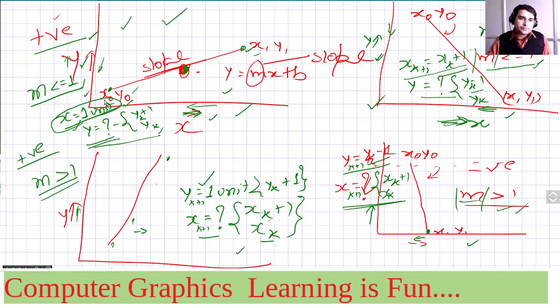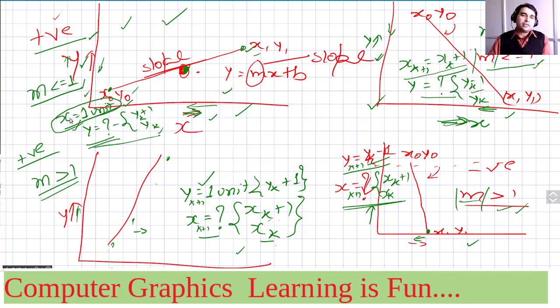In that case, suppose this is the example, if you want to plot from right to left, you will keep on decrementing x, as earlier you were incrementing. Now you will decrement x by 1 unit every time, and you try to find out the value of y, whether it should decrease or it should remain as it is. Okay? Same thing, only the sign is changing. Here you were incrementing x plus 1, y plus 1.